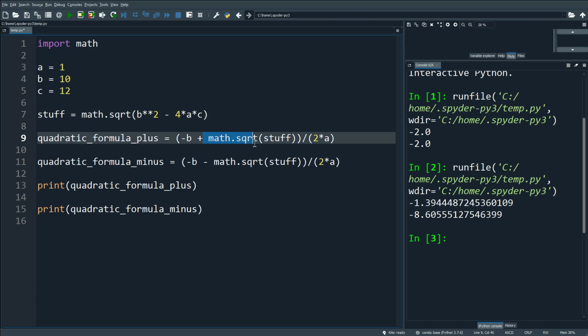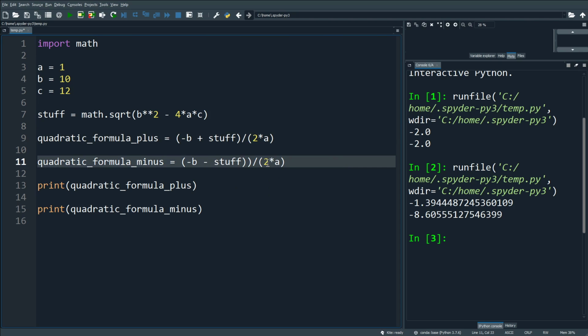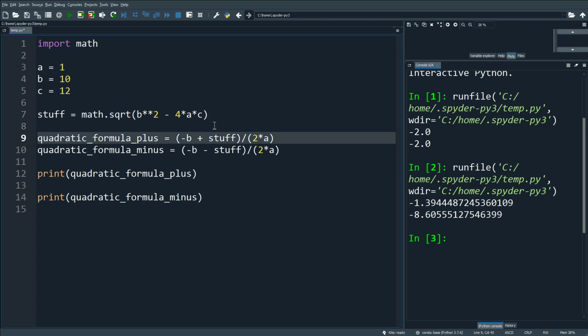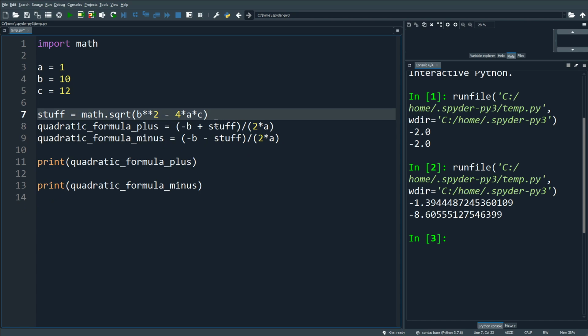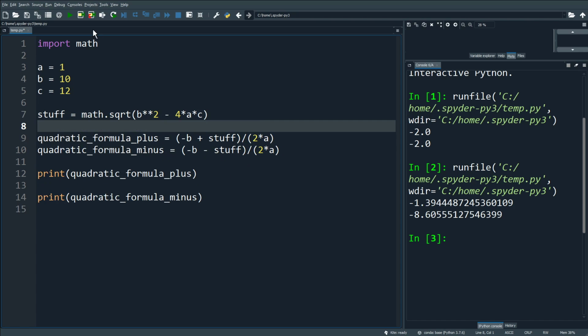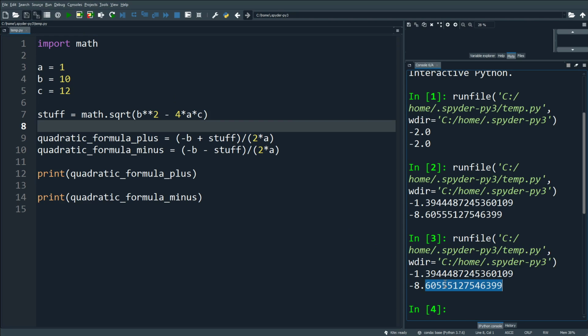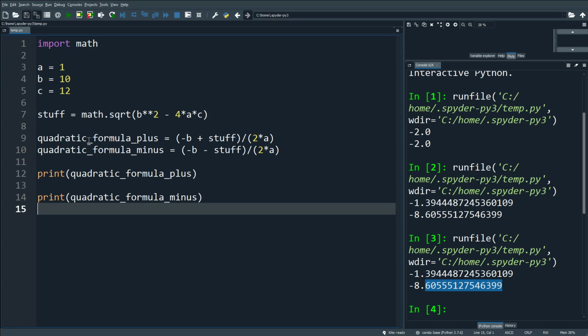And then I can just get rid of this part entirely. So plus stuff and minus stuff. That way my quadratic formulas have been just shrunken down to something that's relatively simple to read. And if I run it, I'll still get the same answers. But by taking these large variables and just shrinking them down into like these sub-variables, it makes it look a little bit neater, even if the names are relatively long.